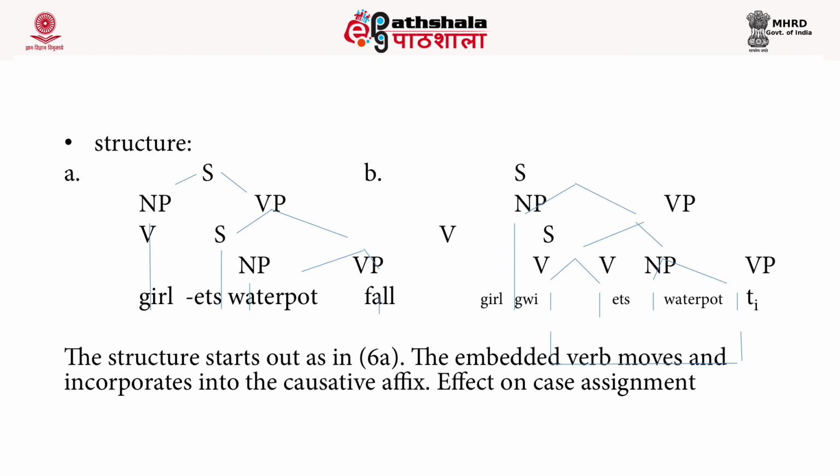If you look at structure B, there you have movement of this fall verb morpheme which leaves its trace behind, and it moves to the causative affix in the higher verbal head where it gets incorporated to give us this complex verb gwa-its. The structure starts out as 6A, and the embedded verb moves and incorporates into the causative affix. This has subsequent effects on case assignment which we won't be dealing with right now.